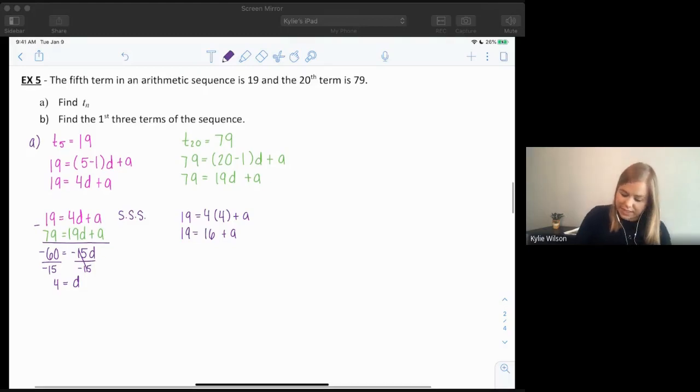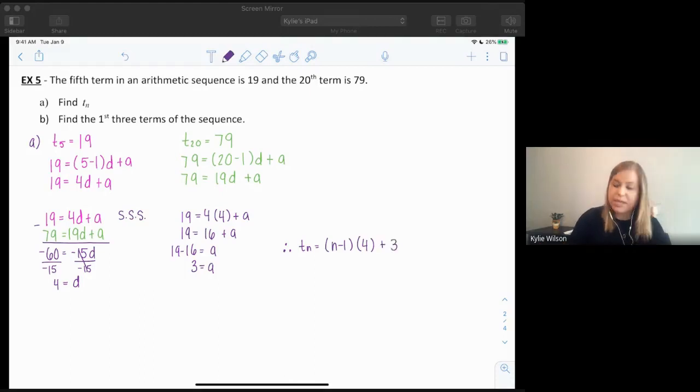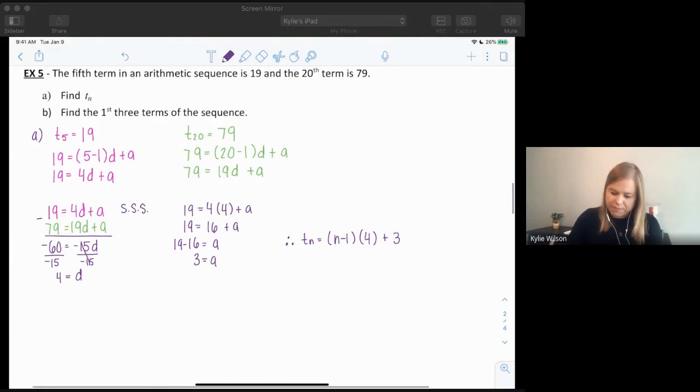So we'll have 19 minus 16 equals a, so 3 equals a. So now we have the d value and a. Therefore, our general formula is going to be (n minus 1) times 4 plus 3. That was the first part of our question.